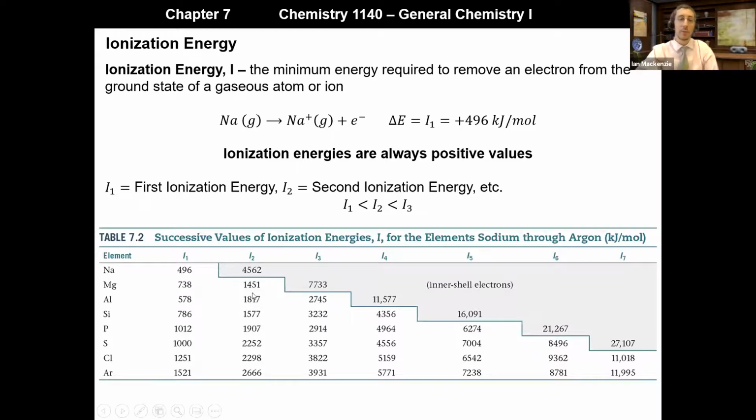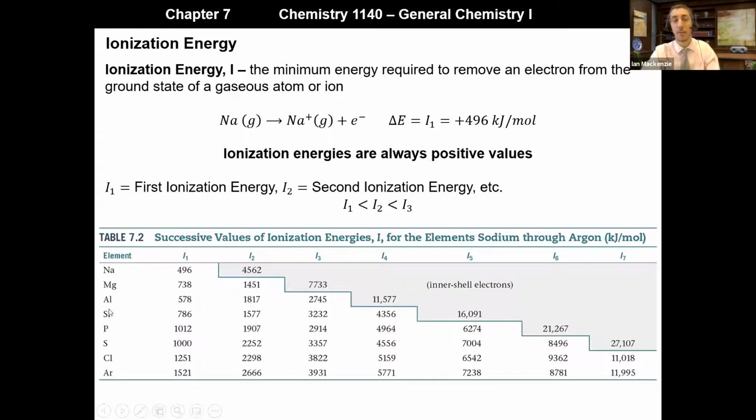And what we'll notice is that there's a stepped line as we go down. The difference between the value to the left of the stepped line and the value to the right of it is a large energy difference, larger than any of the energy differences between the previous values.